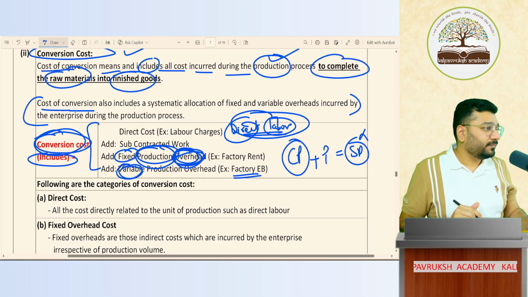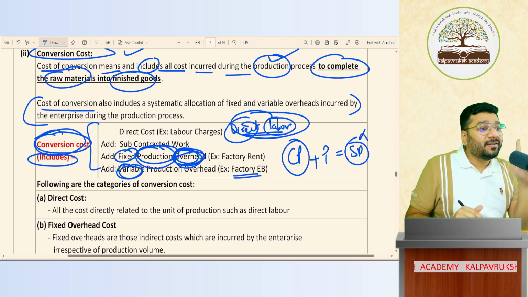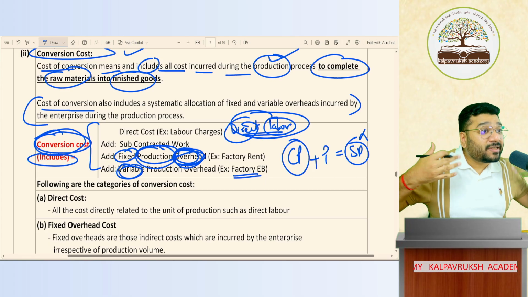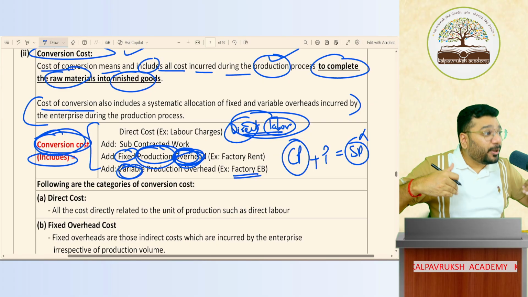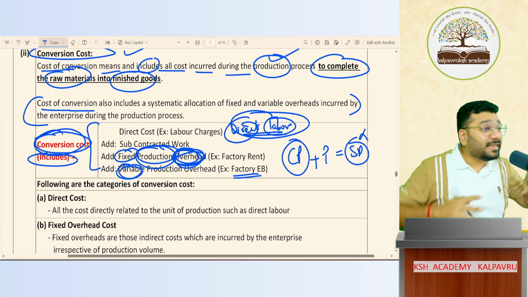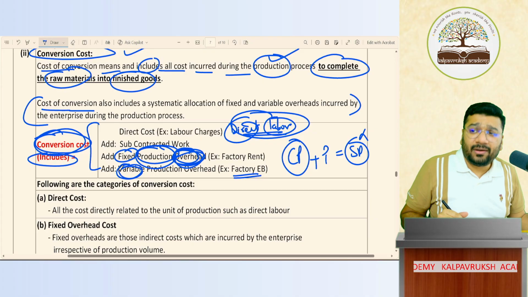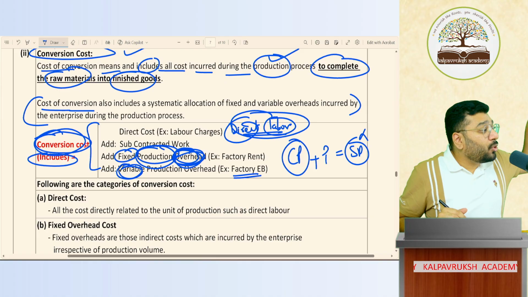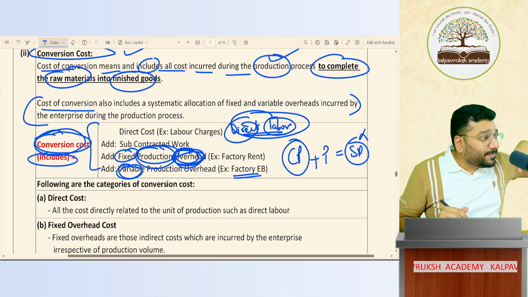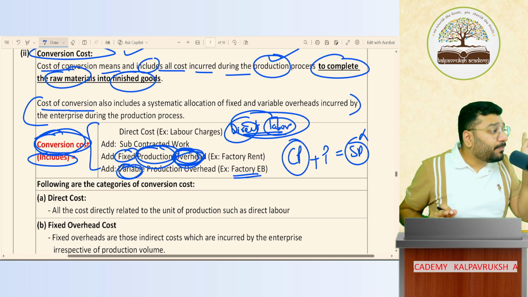If I manufacture 5,000 pens, what is my EB cost? 5,000 rupees. So if I increase production, my cost increases. If I decrease production, cost decreases. No production, no cost. It is called variable production overhead, which varies with the quantity of production. More production, more expenditure. Less production, less expenditure. No production, no expenditure. Got it, not got it? This is variable production overhead.